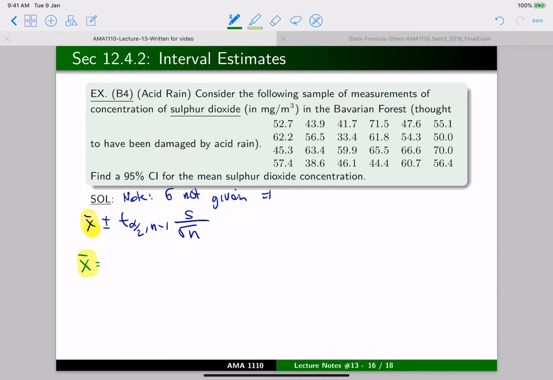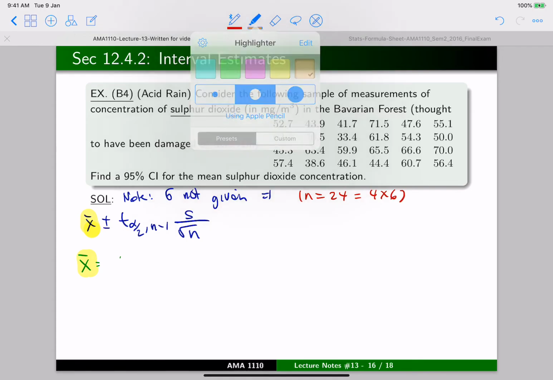What's it equal to? Well, you just sum up all these sulfur dioxide concentrations and divide by 24. So here, note that n is equal to 24, 4 times 6. So we already have n here.